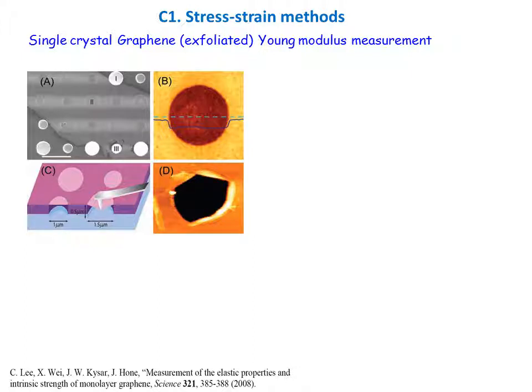In this experiment, exfoliated graphene was deposited on a substrate with holes, like you can see here. The holes are approximately 1 micrometer in diameter. Then the stress-strain experiment was performed with an AFM tip, as shown here, sometimes even up to rupture.